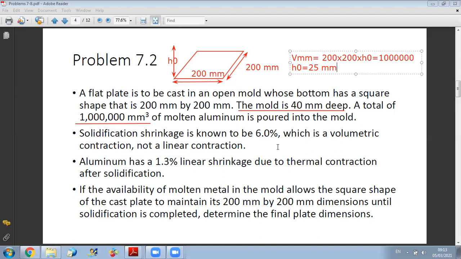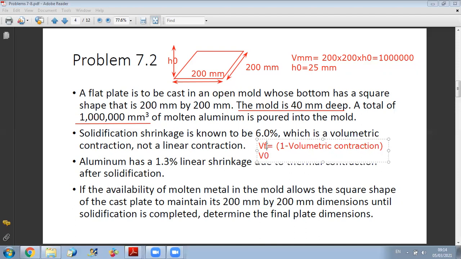So when they give you a volumetric contraction, you can use it as follows: V final is equal to 1 minus the volumetric contraction, times the initial volume V0.